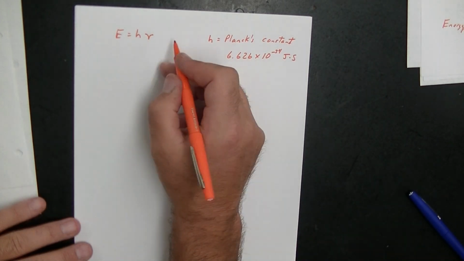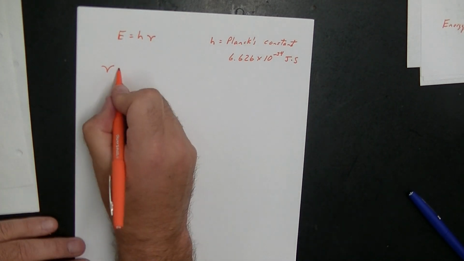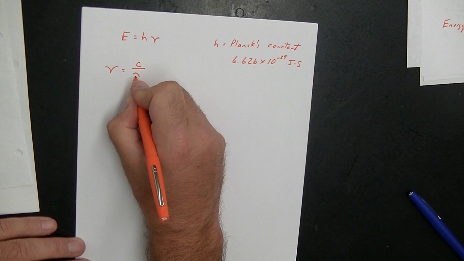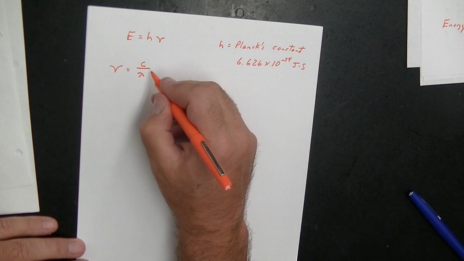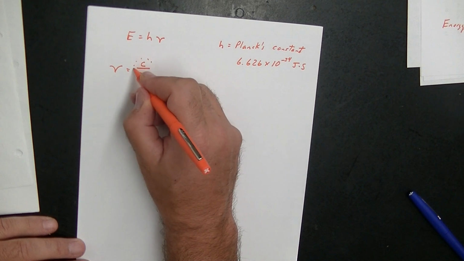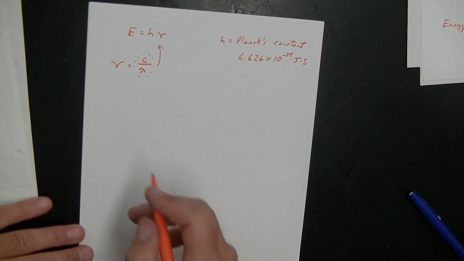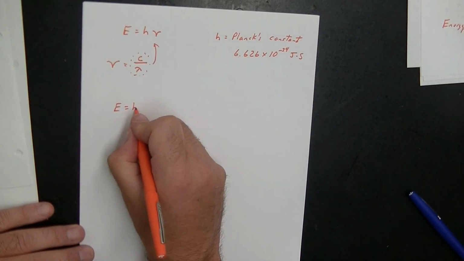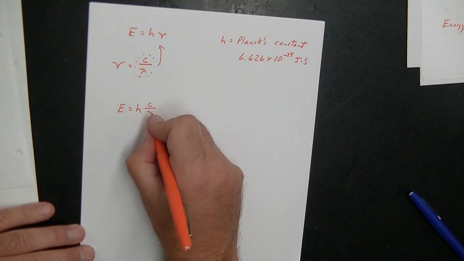Now, do we have a formula for frequency? Well, we know frequency equals the speed of light over wavelength. So we can actually substitute into the equation, and energy equals Planck's constant times the speed of light over wavelength.